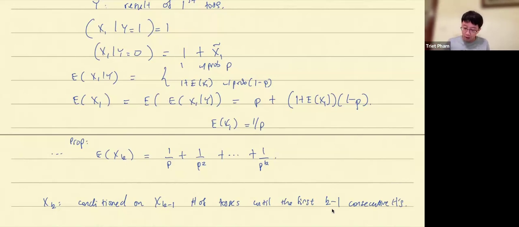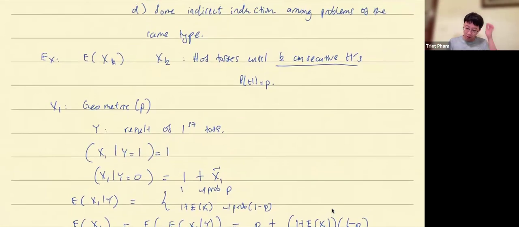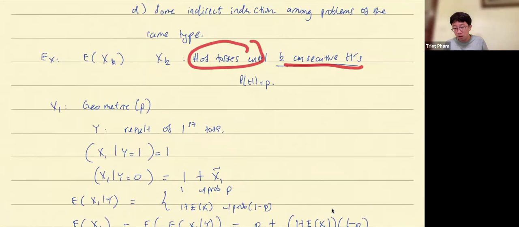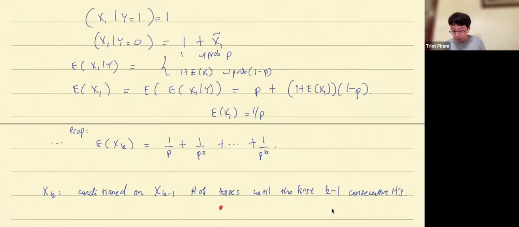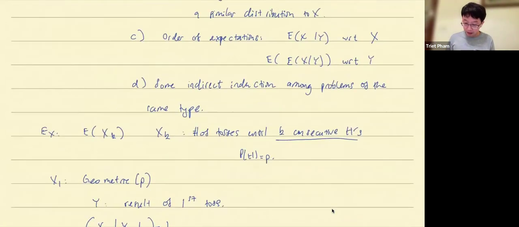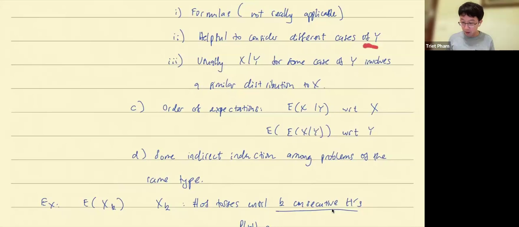So to find the expectation of the number of tosses until k consecutive heads, you condition on the number of tosses until the first k minus 1 consecutive heads. Why? So basically, I claim this is the appropriate random variable to condition on, which is that random variable y that we're talking about here.